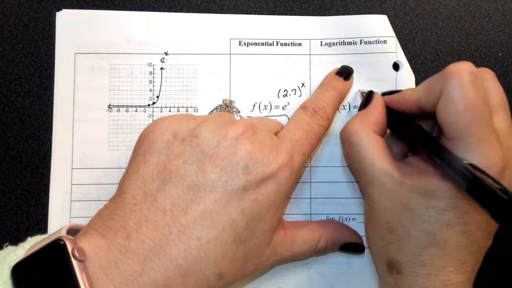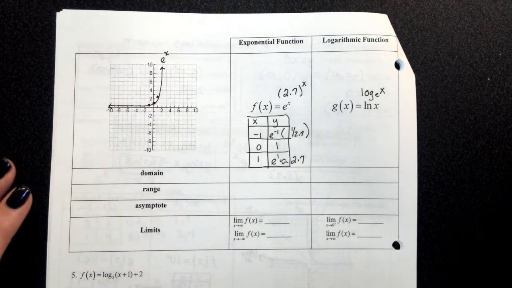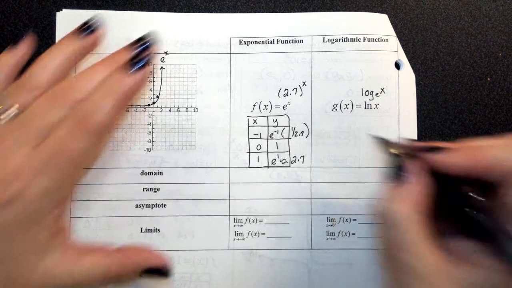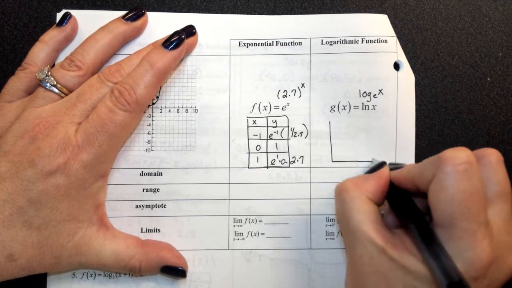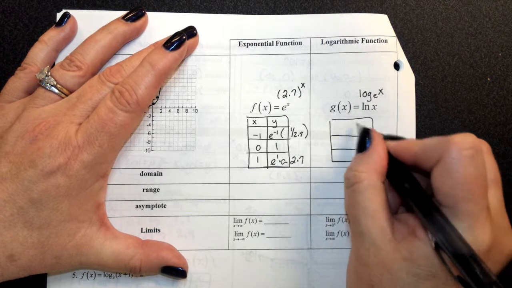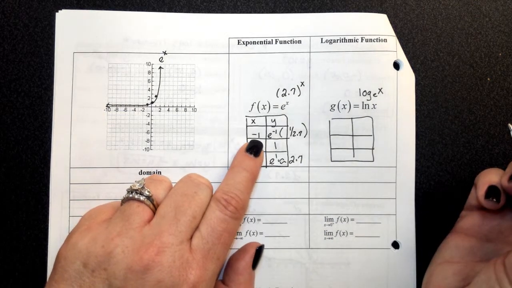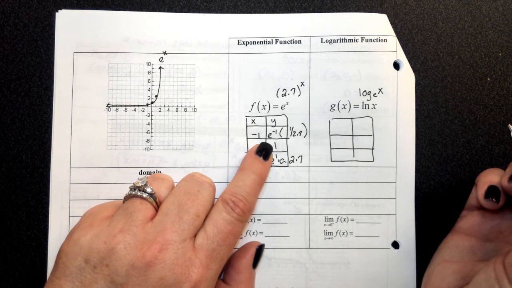Remember, natural log of x is a log base e. So to find your points on natural log of x, remember you're simply going to switch the x and the y values. On e to the x, I had the point negative 1, e to the negative first.